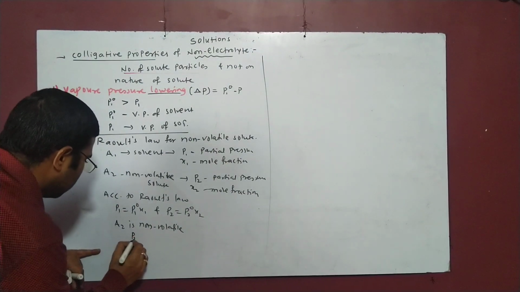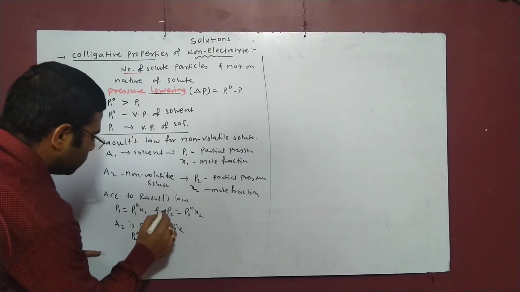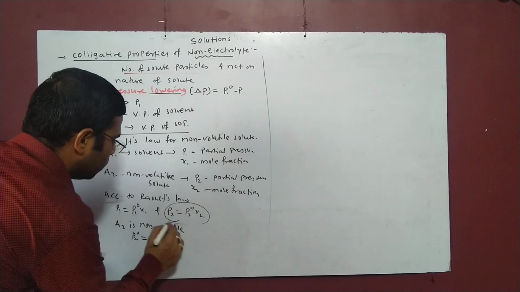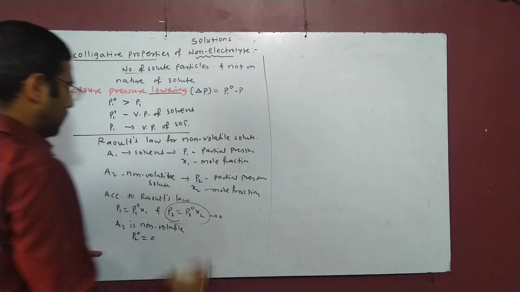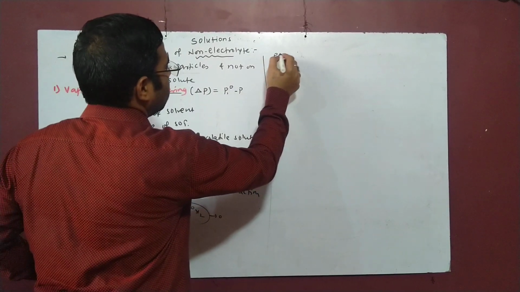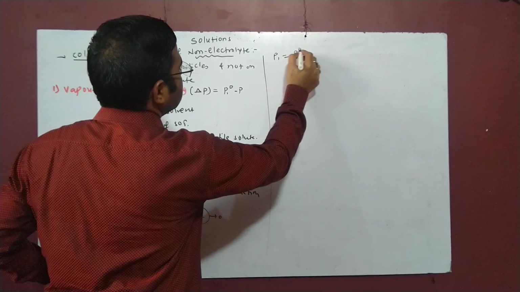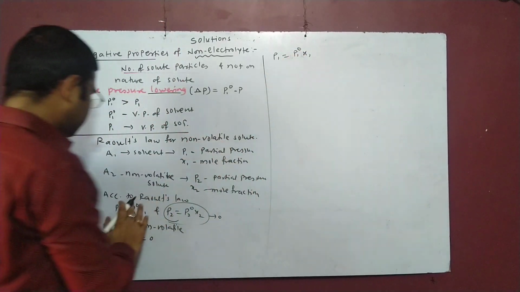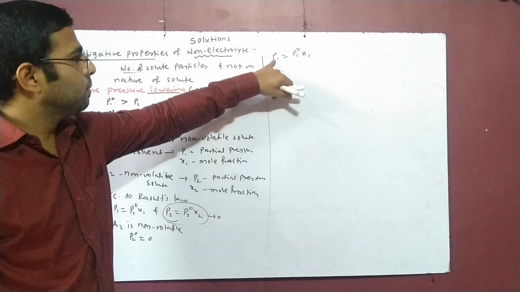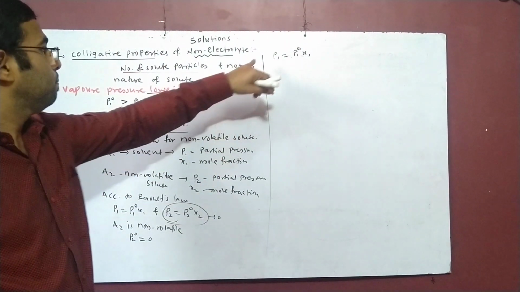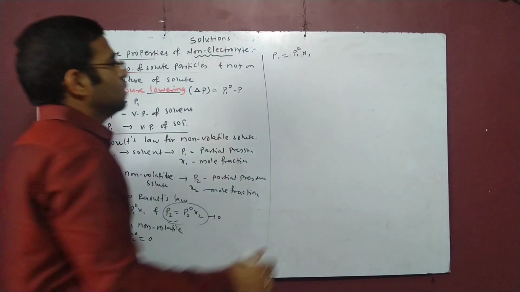So here we get P2⁰ is equal to 0, so this term is going to be 0. So in the solution, P1 is equal to P1⁰ X1. Whatever the vapor pressure of the solvent is, is nothing but the vapor pressure of the solution. So here P1 is nothing but the vapor pressure of the solution.